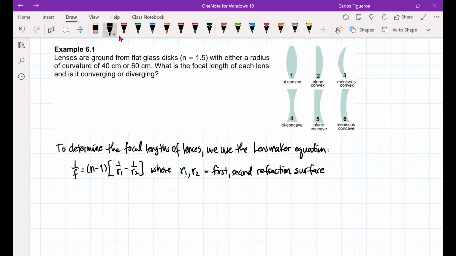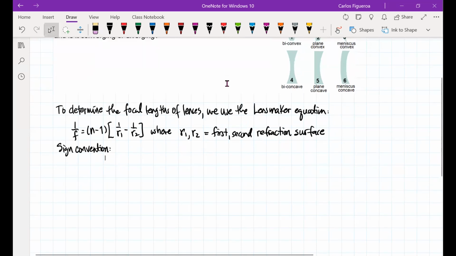So a key thing to using this is the sign convention. The sign convention is different than what makes things real or virtual. It goes something like this: if the radius of curvature lands on the right side, then this quantity is a positive R value.